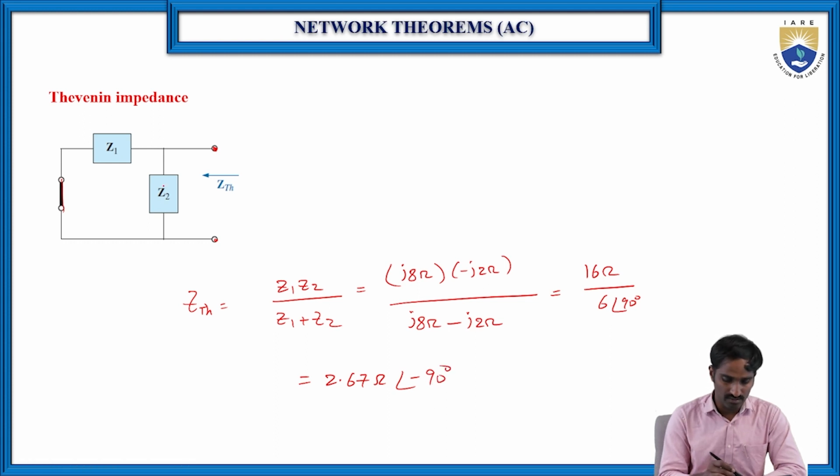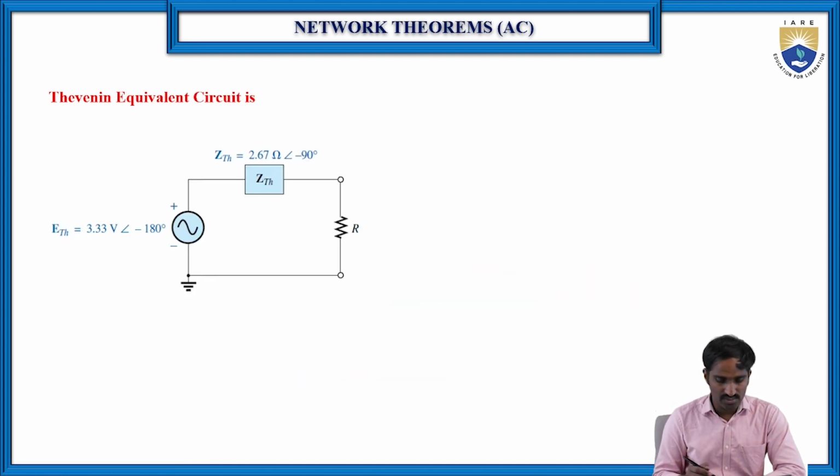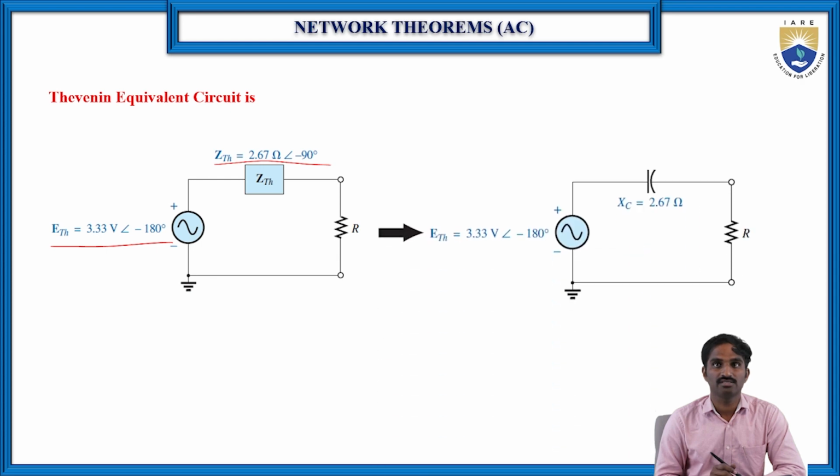Now we have calculated the E Thevenin's value as well as the Z Thevenin's value. Then substitute these values in the Thevenin's equivalent circuit. Here E Thevenin's is equal to 3.33 volts at an angle of minus 180 degrees, and Z Thevenin's is equal to 2.67 ohms at an angle of minus 90 degrees, right?